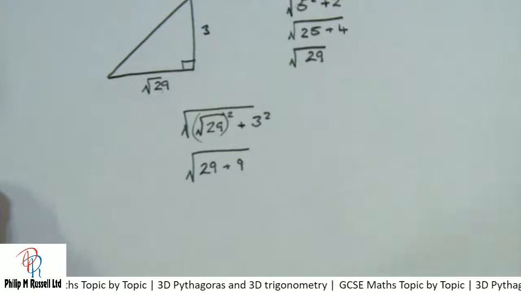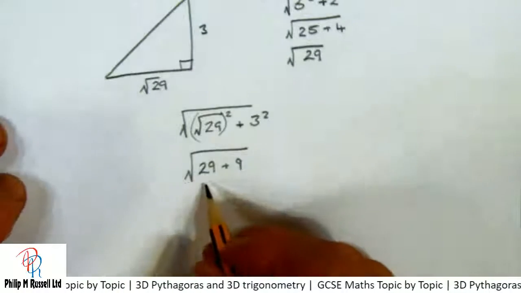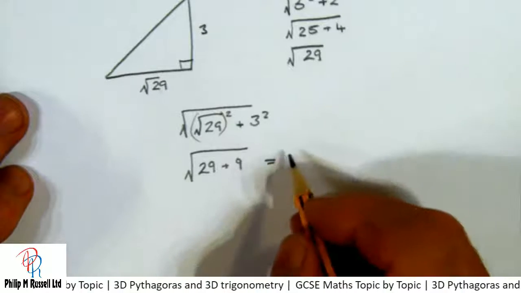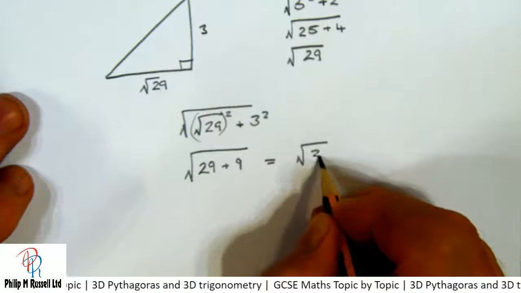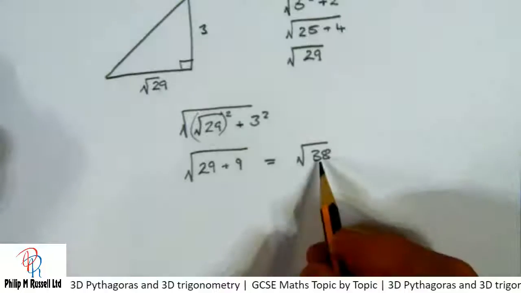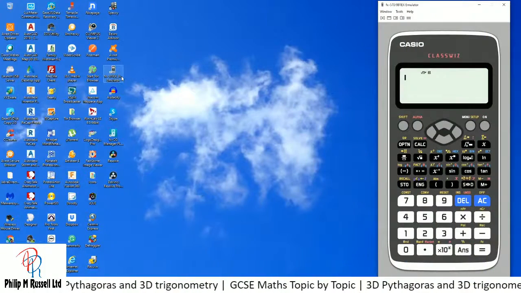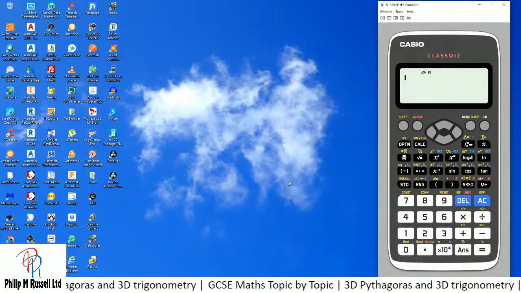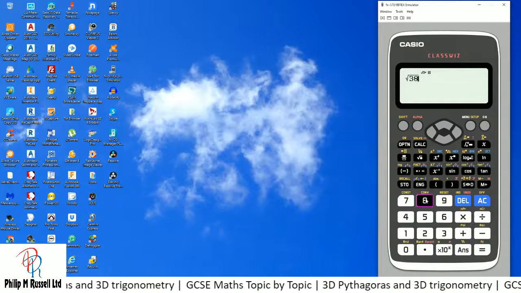There we are, I wasn't helping anyone, not noticing I hadn't pushed it up. Right, so if I add those together, we're going to get the square root of 38. And to work out that sum, all I've got to do is go to my calculator, and we've got to put in the square root of 38.